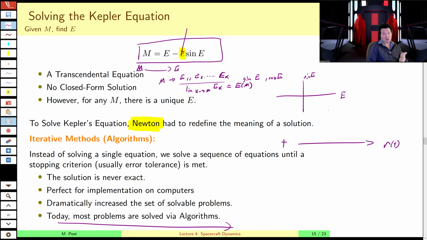I know people in 462 have taken a course in numerical methods at some point in their undergraduate career, and you may have seen Newton iteration before in your numerical methods class, depending on who's teaching it. In any case, this dramatically increases the set of solvable problems, and in fact we still do Newton iteration today.